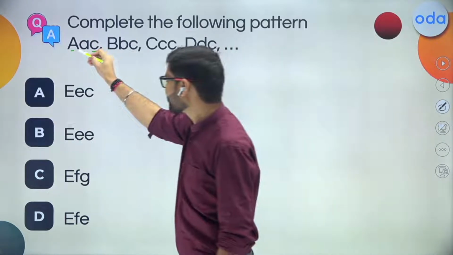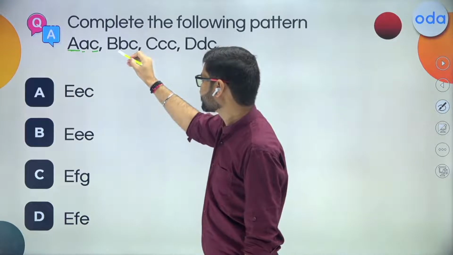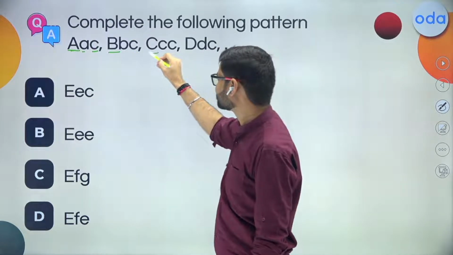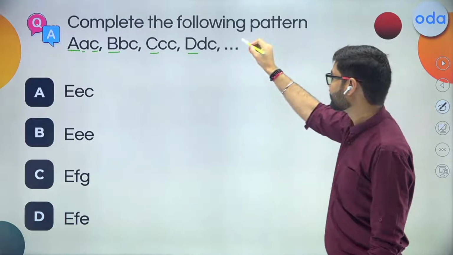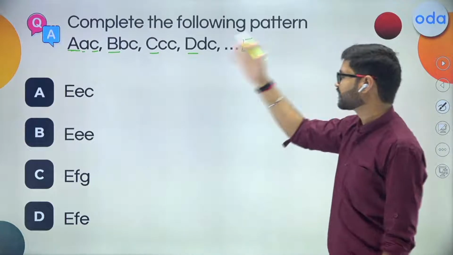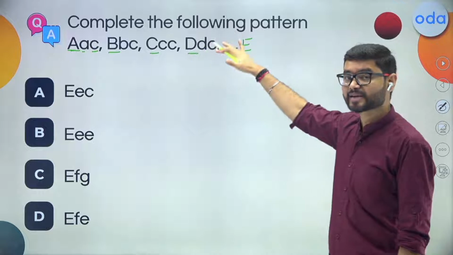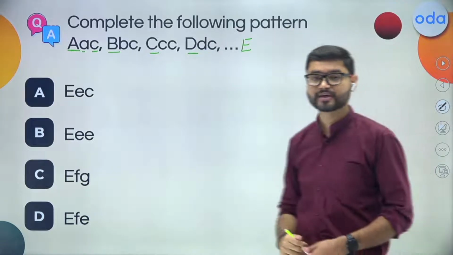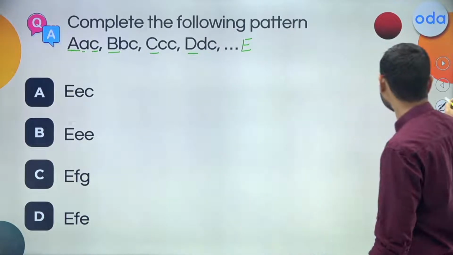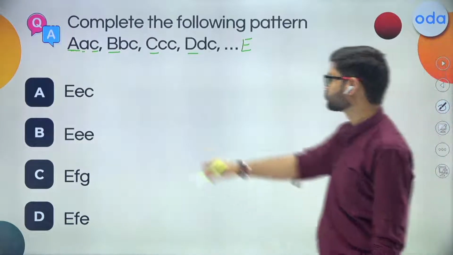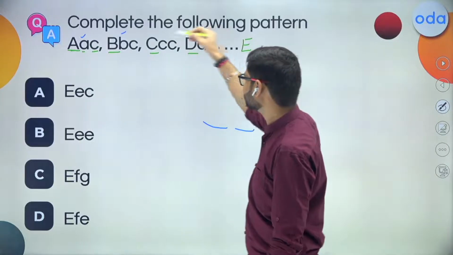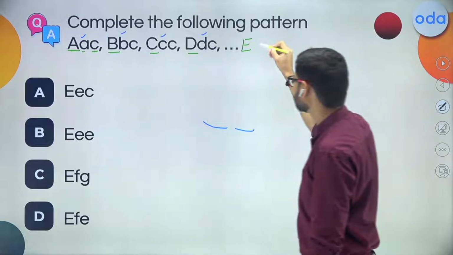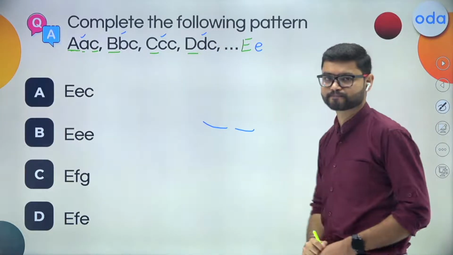Okay, so here I have capital A, then I have capital B, capital C, capital D. What will come next? Capital E, right? Capital A, capital B, capital C, capital D. Next time it will be capital E. Now focus on the middle one. Small a, small b, small c, small d, and then it will be small e.